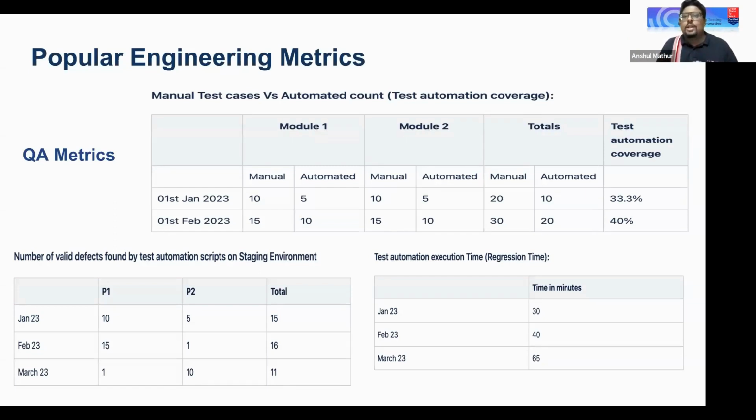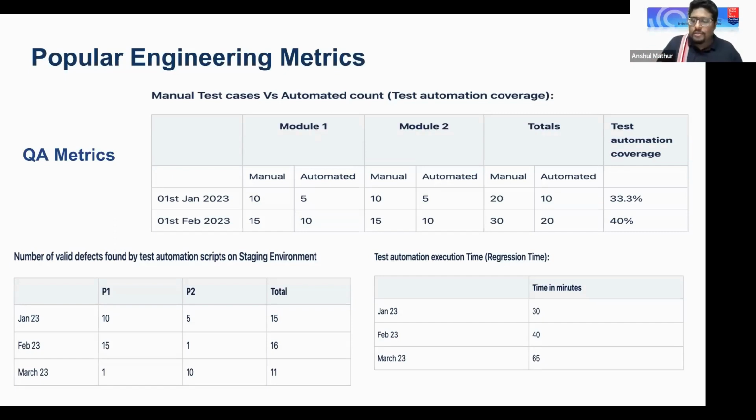Maybe your code is not optimized enough. Maybe it has some hard waits, stuff like that. So these numbers will essentially tell you that your code needs rectification with regards to the execution time of the overall regression suite, right?